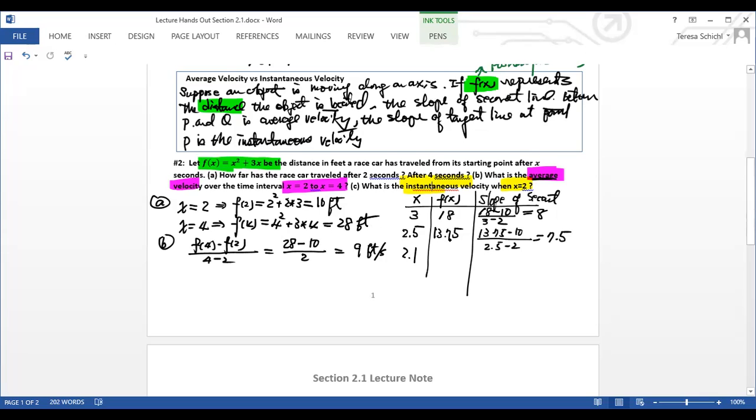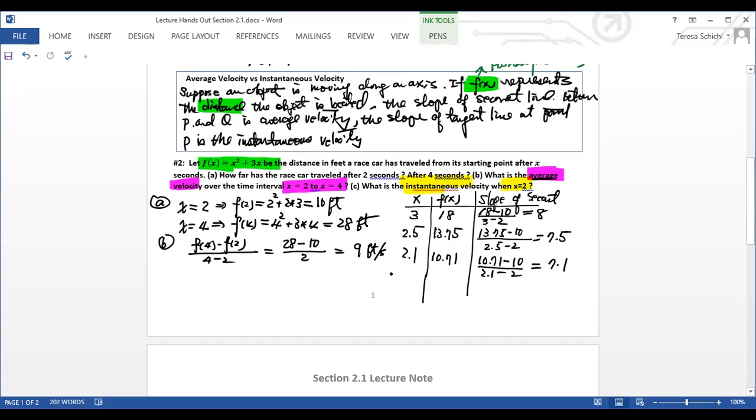All right, so let's choose a few more points. It's 2.1. You put 2.1 into f of x, so it's 2.1 squared plus 3 times 2.1. What you have here is 10.71. Okay, so let's find the slope. It's 10.71 minus 10, divided by 2.1 minus 2. What is that? It's 7.1.